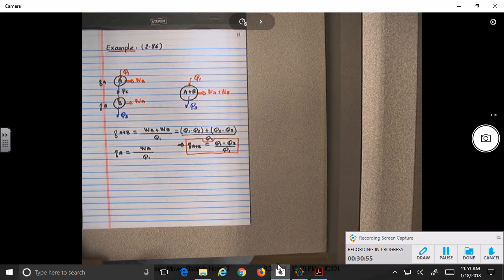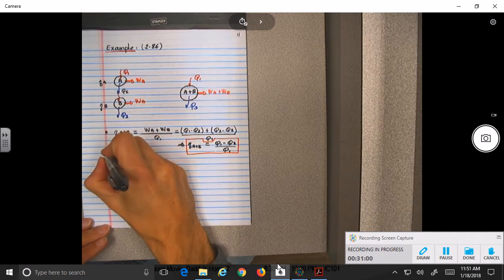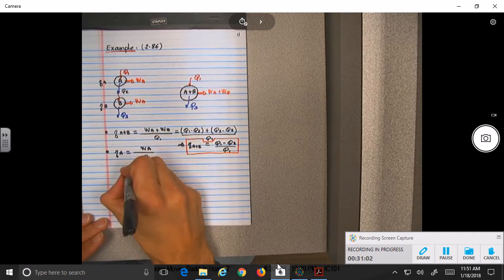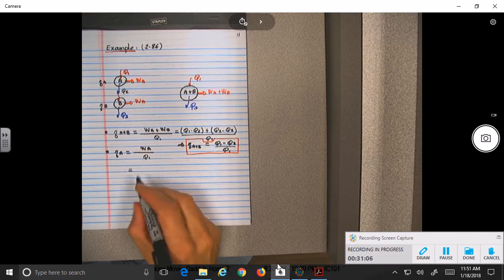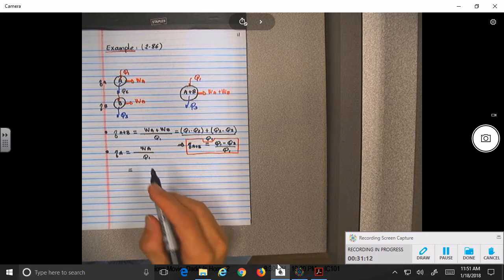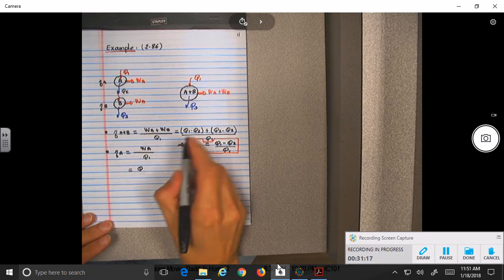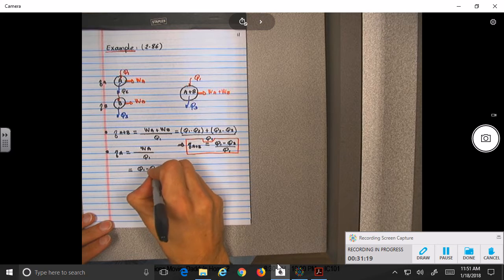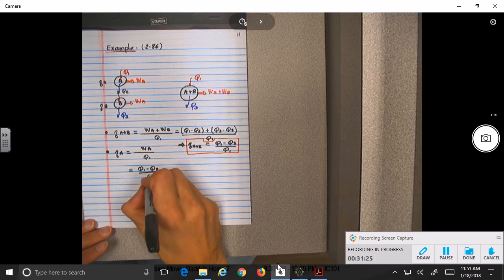Yeah, so this is crowded over there. So let's say this would be this one here. This is the one. So now, this one over here, what is omega sub A? We just did it, but that will be equal to what? What would be omega sub A? Q1 minus Q2 divided by Q1.